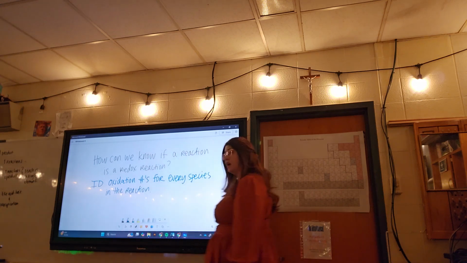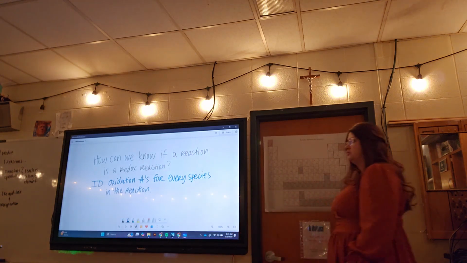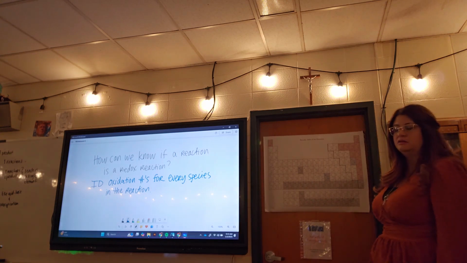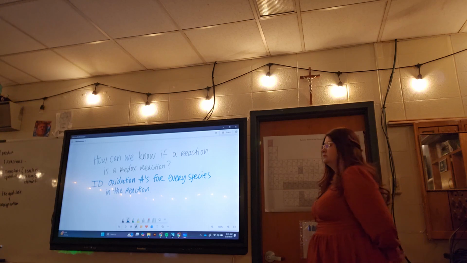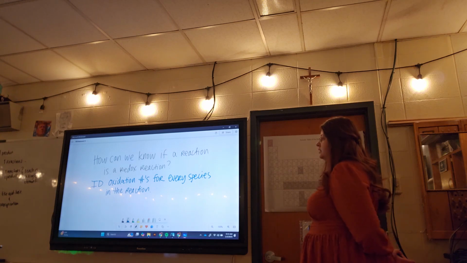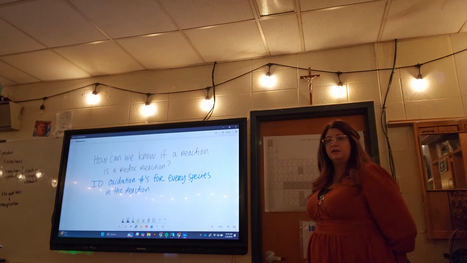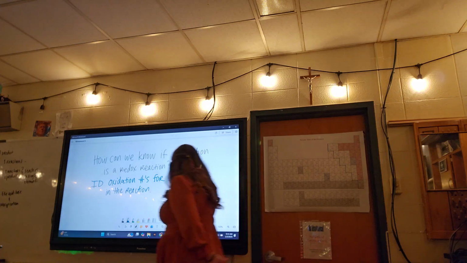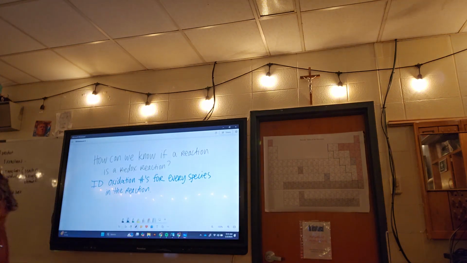And then we have to decide, is the oxidation number changing? If it's not, then that substance was not oxidized or reduced. So before we start to look at how the oxidation numbers will change, we need to know how to identify what those oxidation numbers are. So that's what we're going to spend the rest of the time today doing.